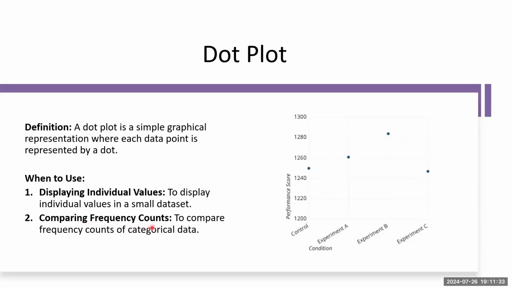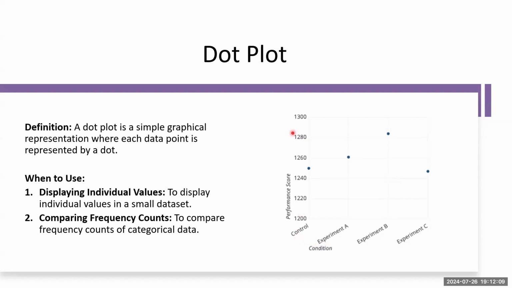So comparing frequency counts, we can do this also with the bar graph. We can also do it simply with the dot plot. So the dot plot is a simplified graphical representation where each data point is represented by a dot. So if, for example, this is performance score, and this is the experiments that we made.